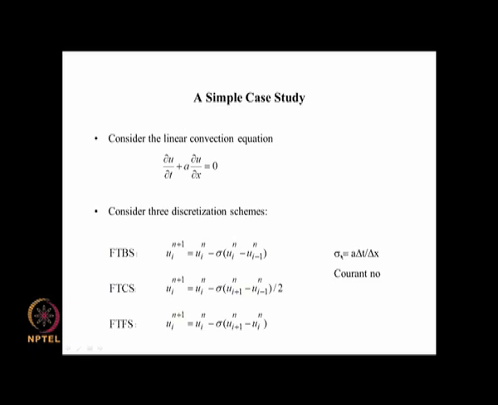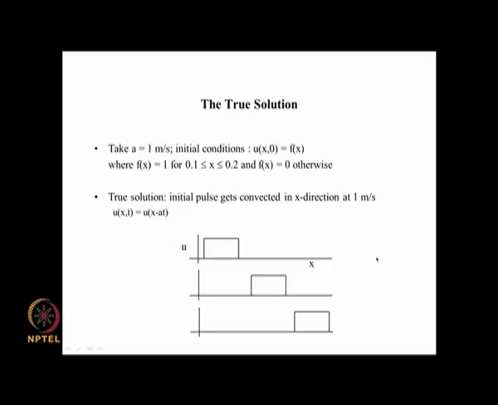So, for the sake of getting a numerical solution, we take a to be 1 meter per second and delta x is 0.1, and u of x, 0, that is the initial condition, is given as a spatial distribution, and the spatial distribution is a simple rectangular pulse where it is equal to 1 over the interval of 0.1 to 0.2 and 0 everywhere else.